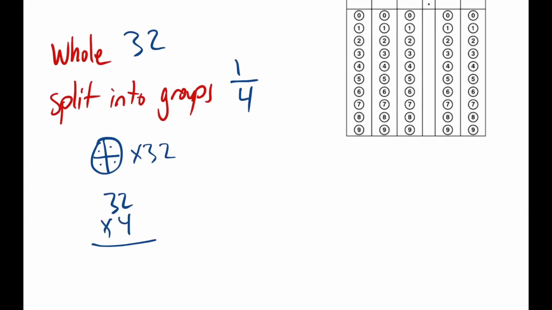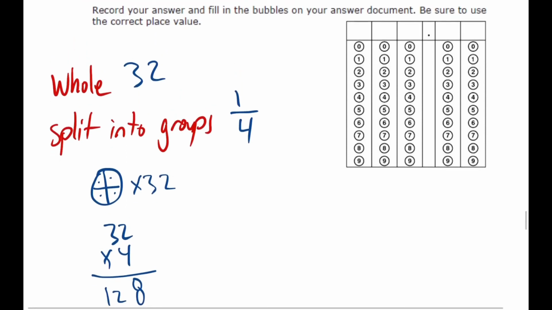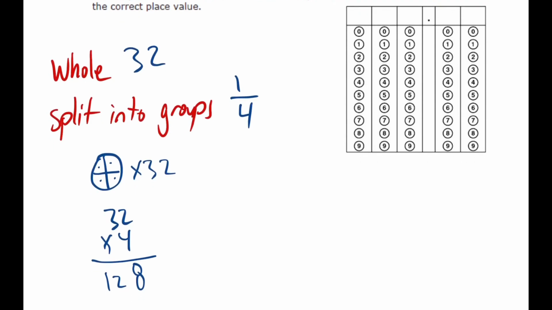And so 4 times 2 is 8. 4 times 3 is 12. That works. Or I could use either of the strategies that I've learned of 32 divided by 1/4. Start with a whole number, I end with a whole number. 32 times 4 is 128.